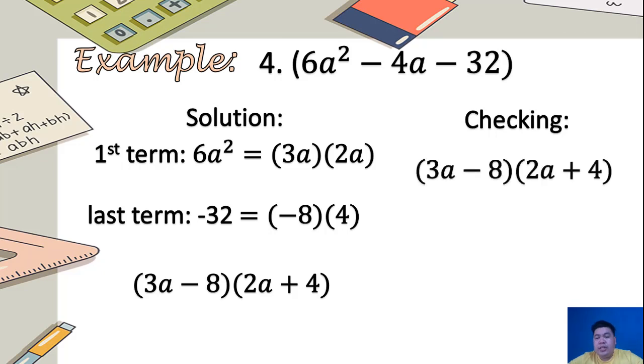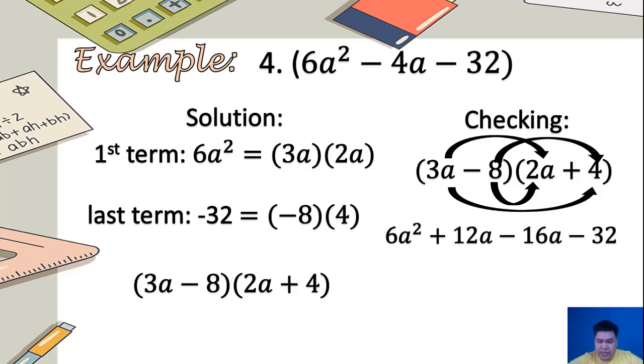Using the FOIL, 3a multiplied by 2a, we have 6a squared. Negative 8 multiplied by 4, we have negative 32. Then negative 8 multiplied by 2a, we have negative 16a. Then 3a multiplied by 4, we have 12a. Here it is, 6a squared plus 12a minus 16a minus 32. Then the next step is to combine the like terms.